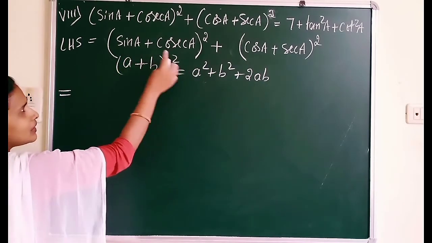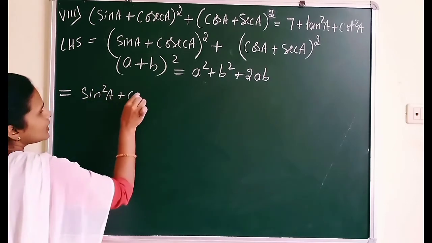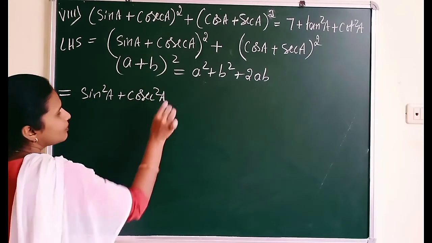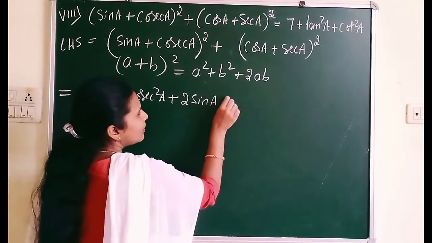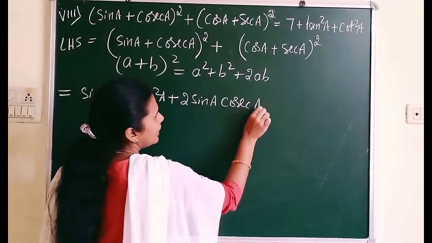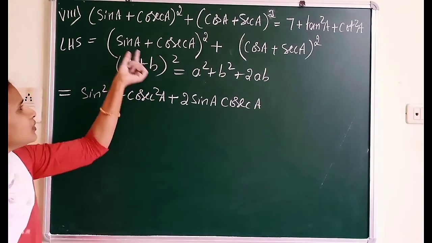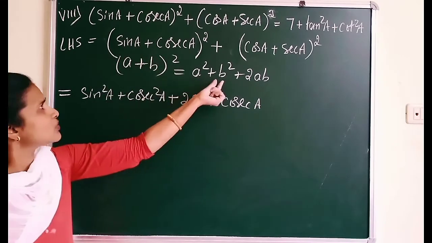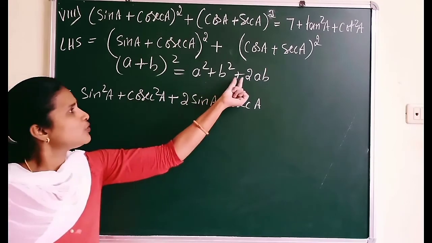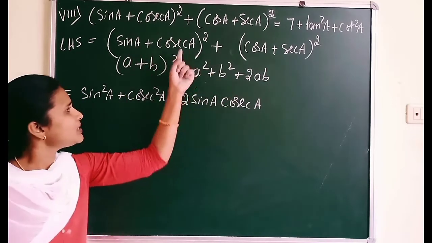Sine square a plus cosec square a plus 2 sine a into cosec a. So the first bracket I expanded using (a + b) whole square: a square is sine square, b square is cosec square, plus 2ab, where a is sine and b is cosec.